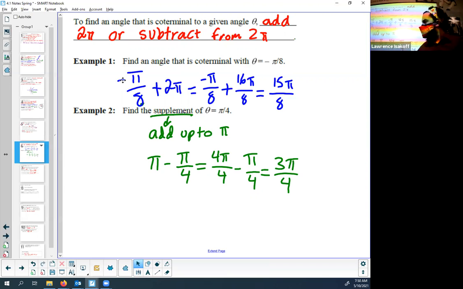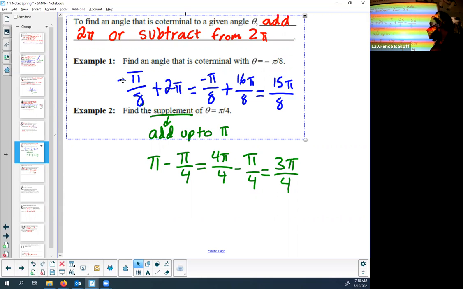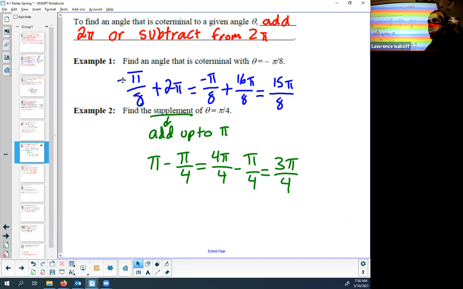And again, you give me the decimal for 3 pi over 4, I have no clue what you're talking about. When you tell me 3 pi over 4, I know that if I want to go to degrees, that's 135 degrees off the top of my head. So that's why I want these exact answers here. Please do not put these in the calculator and give me a decimal. I do not want that.